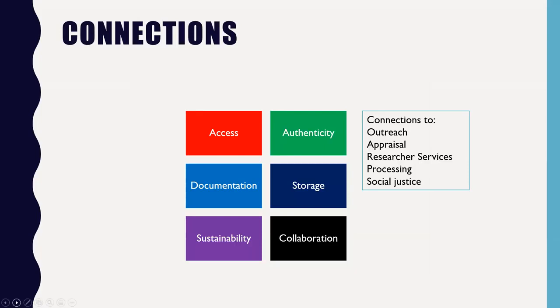So next, I think it's helpful to look at some of the connections between analog preservation policies and programs and some of the aspects of preservation that we have been talking about throughout this course. So looking at access, there is a lot of overlap between access and a preservation policy.